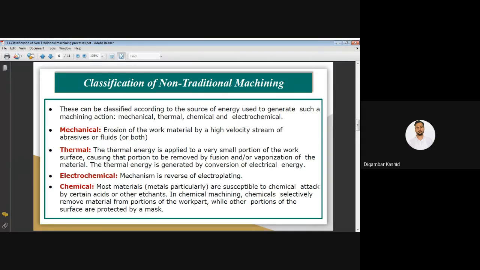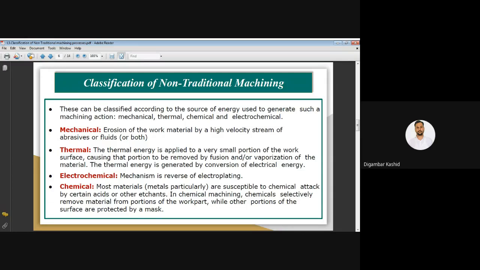Okay, so please note that fusion and vaporization of the material is the action of material removal in the case of thermal based processes.